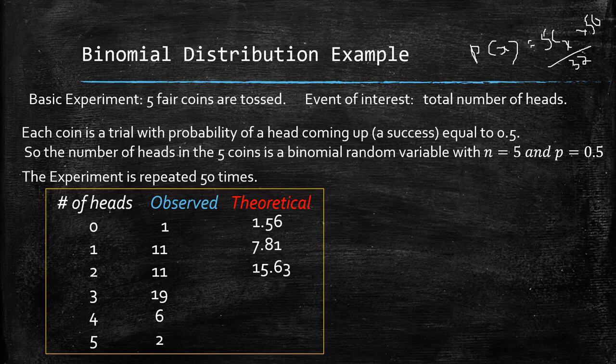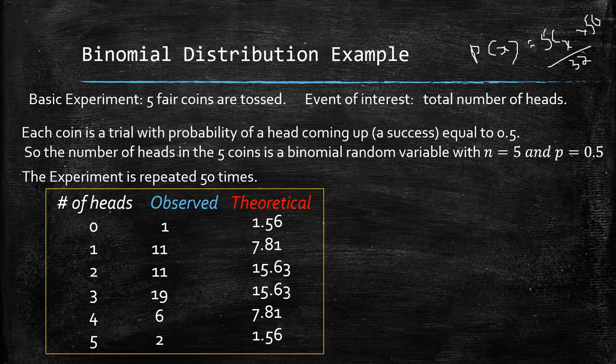Now when x equal to 3, 5C3, as you know, nCr is the same as nC(n minus r). So 5C3 is the same as 5C(5 minus 3), that is 5C2, which we have already calculated for x equal to 2. For x equal to 2 and x equal to 3 they are one and the same, because 5C2 and 5C3 are equal, 15.63. Likewise 5C4 is the same as 5C1, which gives the same value 7.81, and 5C5, that is 1 by 32 into 50, that is 1.56.